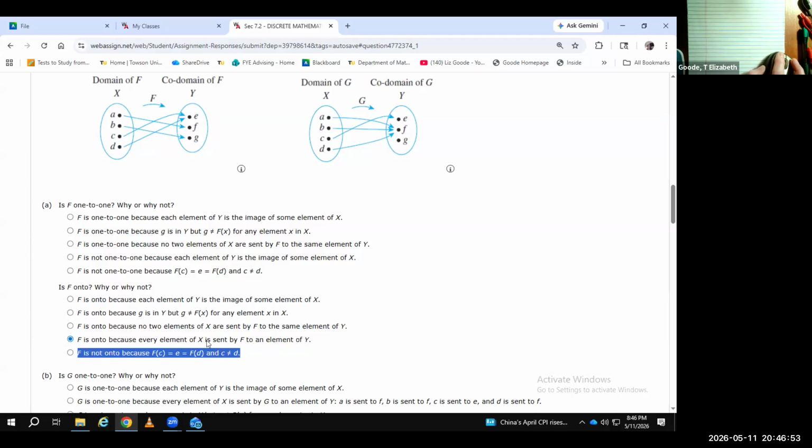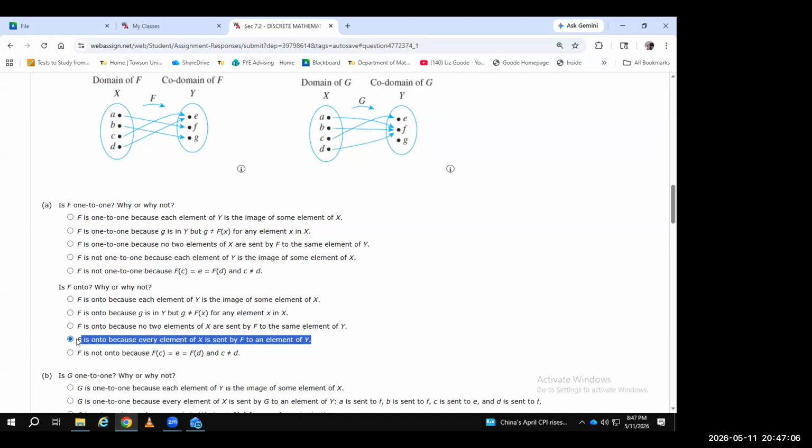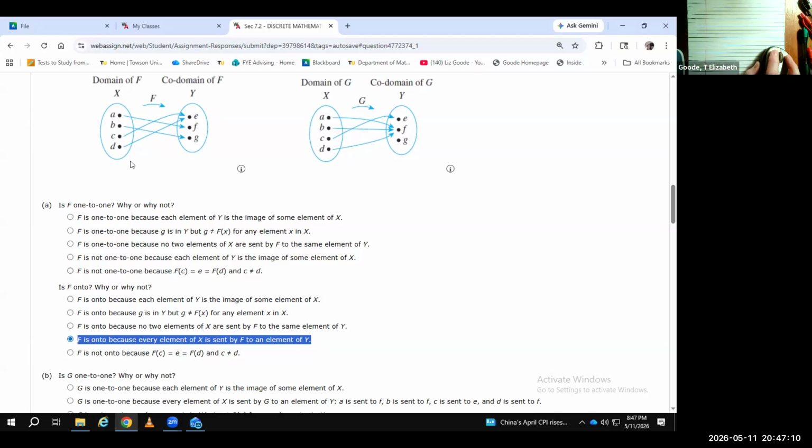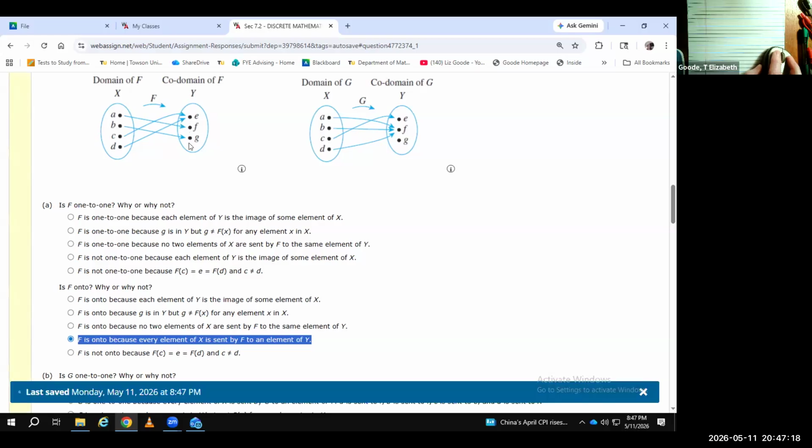That is the most likely wrong answer because it's easy to confuse onto with function. This is actually the definition of a function. F is a function because every element of the domain X is sent by f to a codomain element.